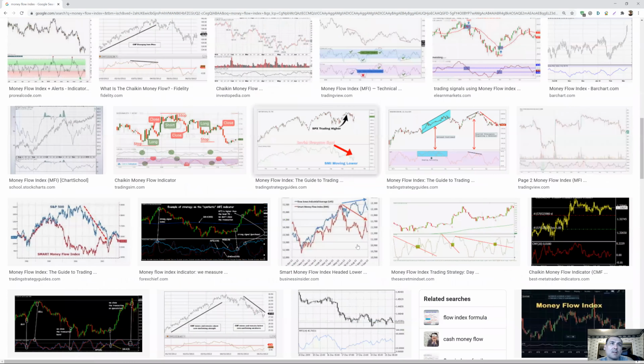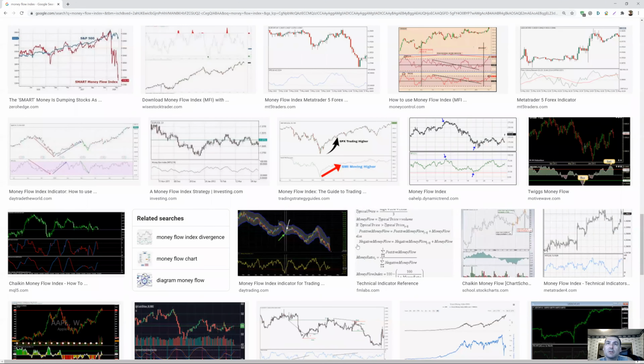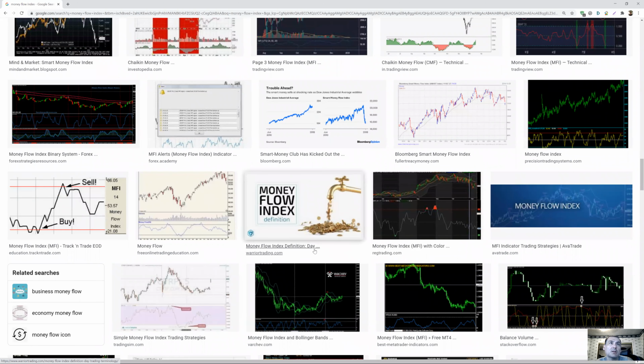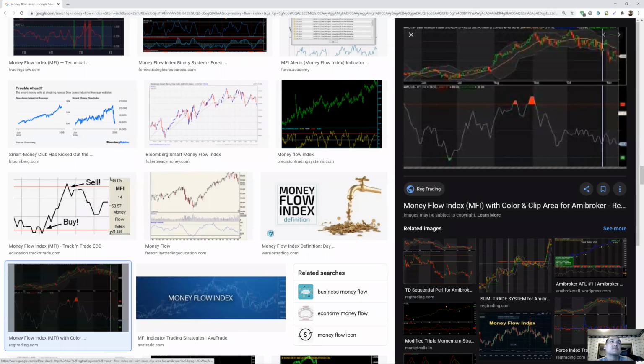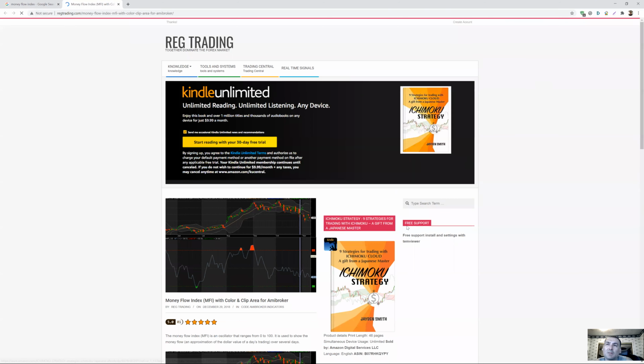Looking for really oversold levels. Yeah, long, oversold, overbought. Like a good image here. All right, here's one right here.